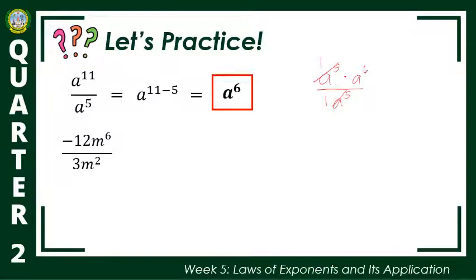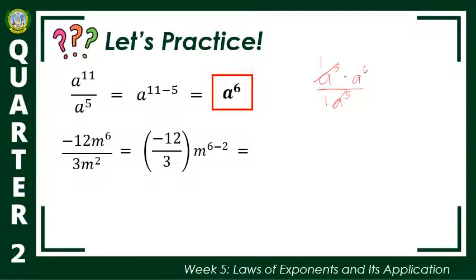What if we have negative 12m raised to 6 divided by 3m squared? Again, let us separate the numerical coefficient and the variables for the literal coefficients. Okay? So, we have negative 12 divided by 3 times m raised to, since mas mataas po ang 6 sa 2, so we have 6 minus 2.